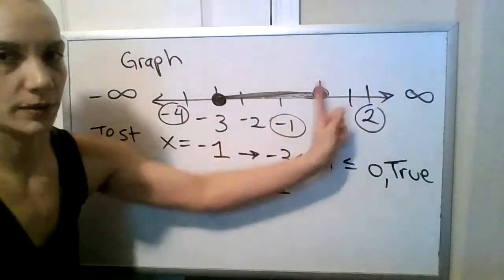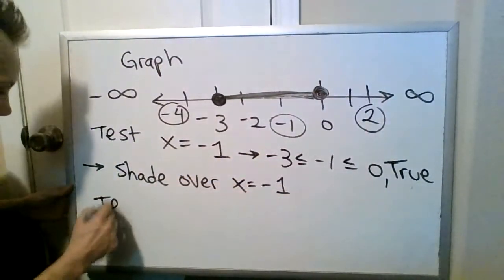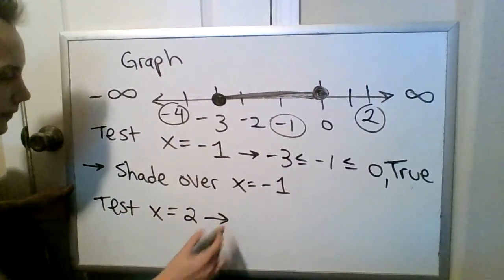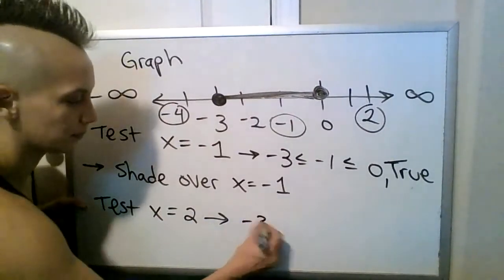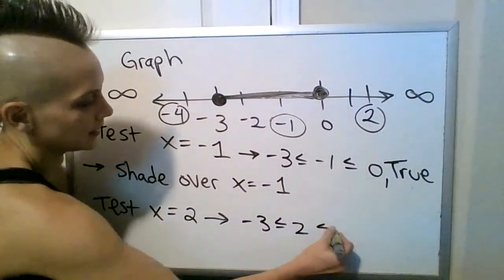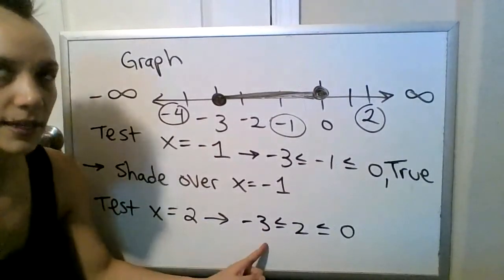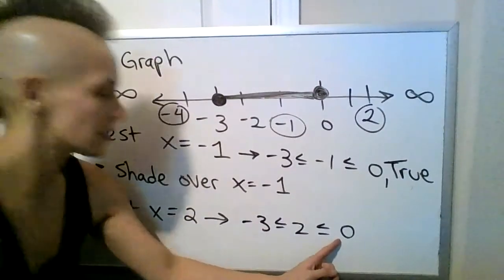Now we're going to check this part right here, just in case. Okay, -3 less than or equal to 2 less than or equal to 0. -3 is less than 2, true. But 2 less than 0 is false.